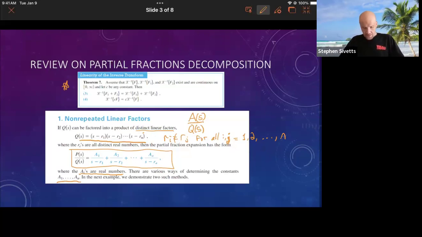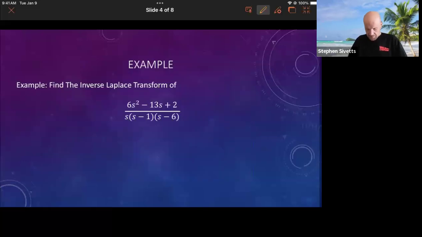You can do this by using linear algebra, or you can just straight up plug in different values for s and then figure out what the coefficients A sub i would equal. Okay, so I'll show you an example on how we do that. So here's one.